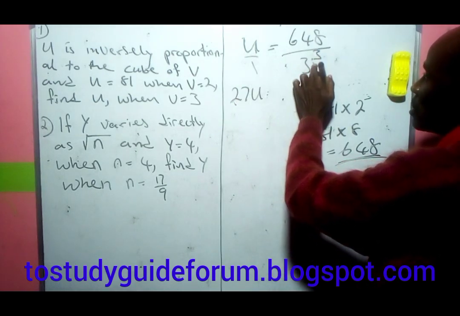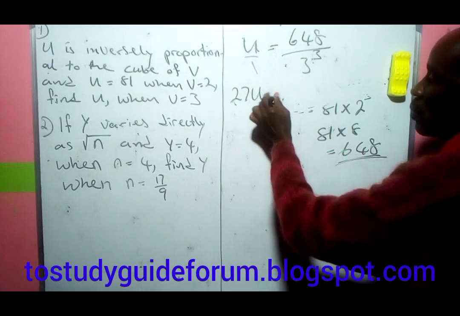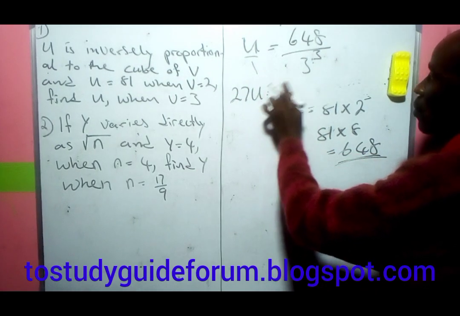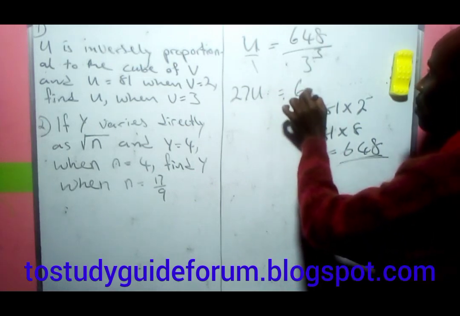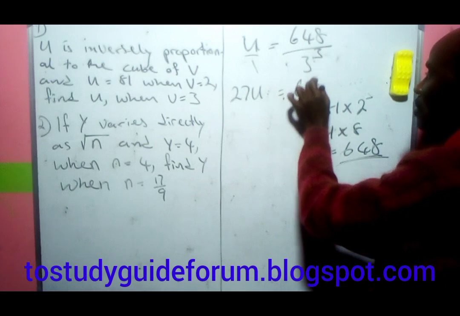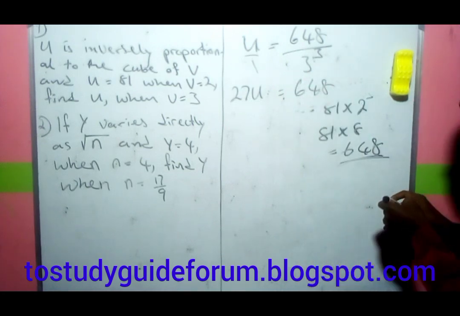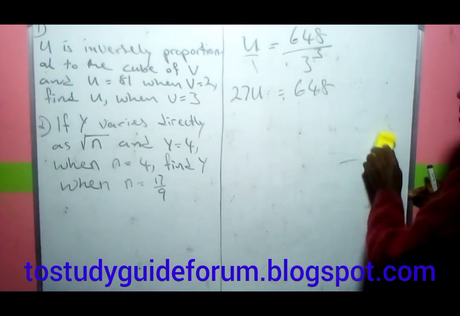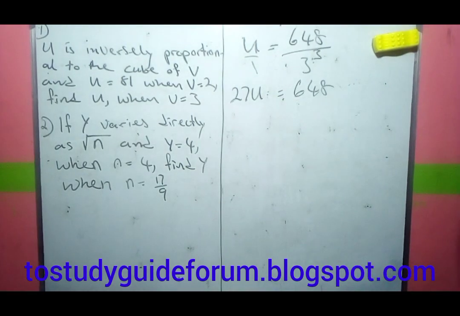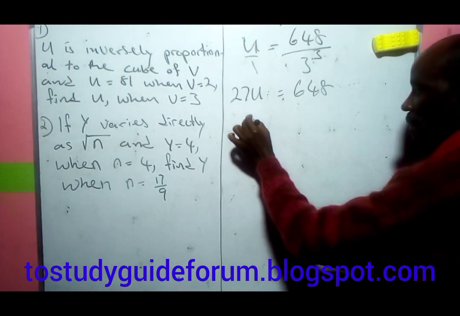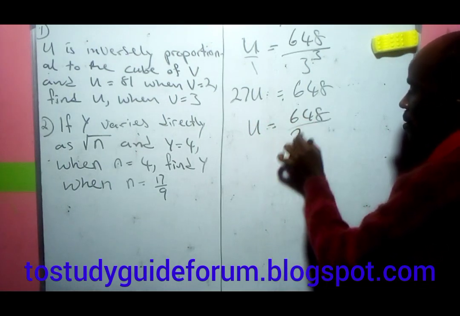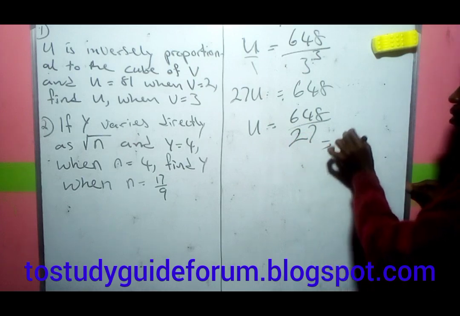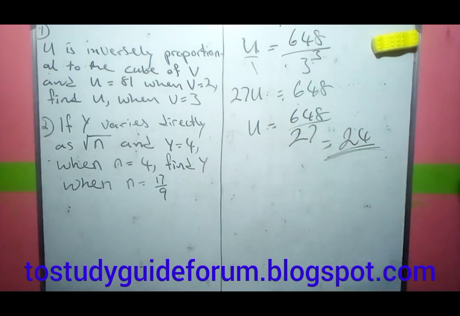Crossing over, we have 27U equal to 648. Then making U the subject of the formula, U is equal to 24. That's the answer. Let's go to the next one.